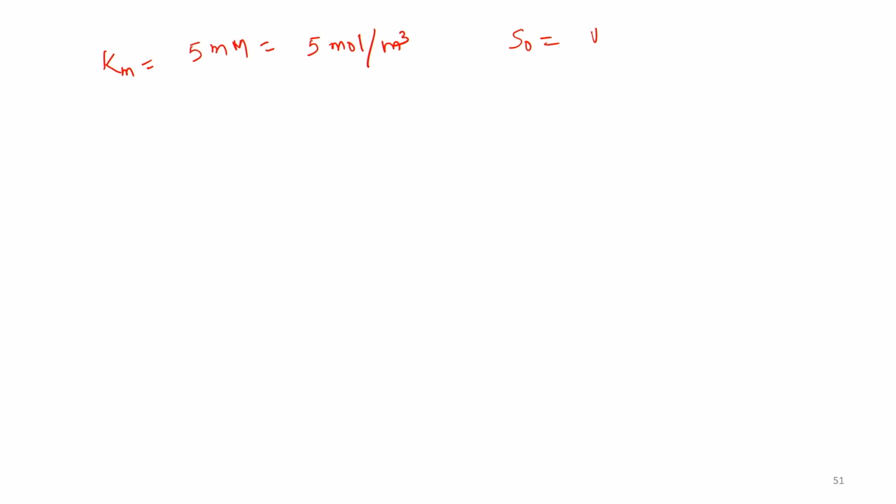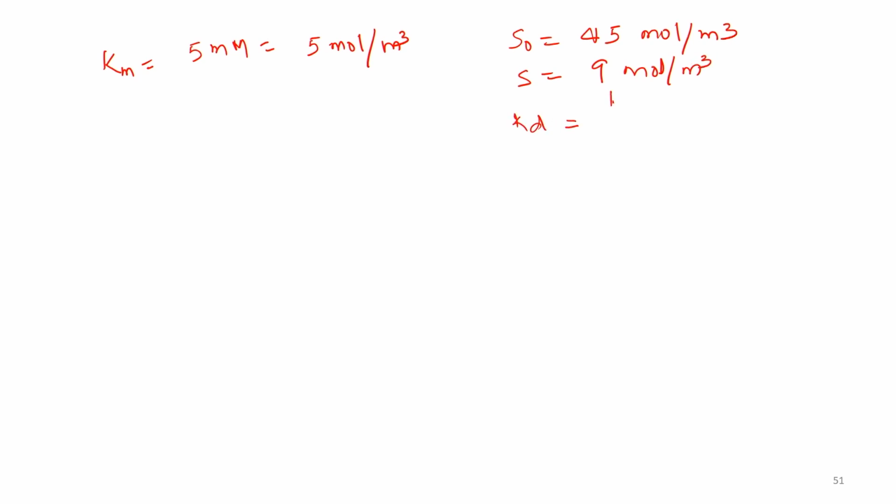S naught is 45 mole per meter cube. S is 20% of this, 9 mole per meter cube, and Kd we have calculated.